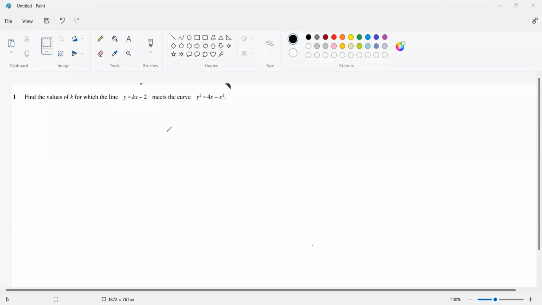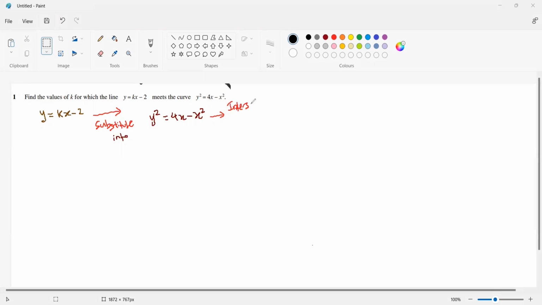Okay, let's do this. The idea is we must understand that we substitute one given equation into another. We are finding the intersection points. That means we are assuming that the intersection points exist.